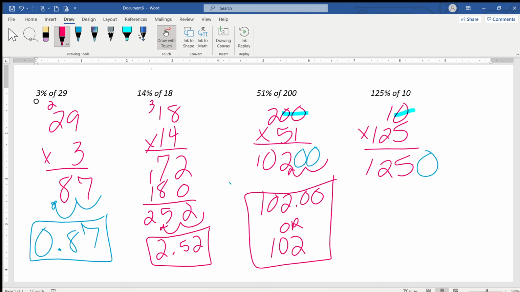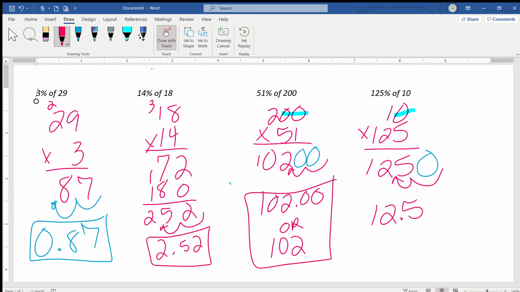This is percents. So you got to move the decimal twice. So here goes 1, 2. So our answer is 12.25, but it should be bigger because we have 125%.